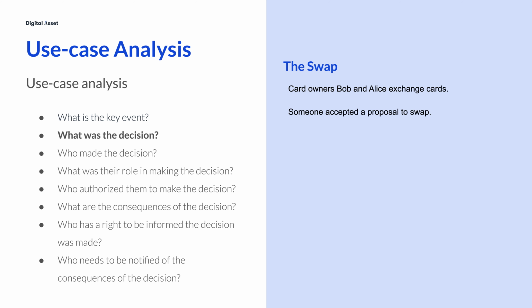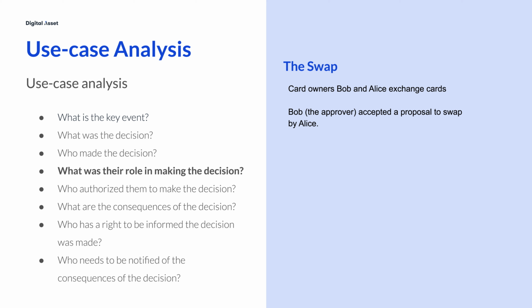Having identified the event, what was the decision? Someone accepted a proposal to swap. This naturally leads into the next question: who made the decision? Here we arbitrarily pick Bob. And it is arbitrary because for our analysis, the actual individual is not important. What is important is their role in making the decision.